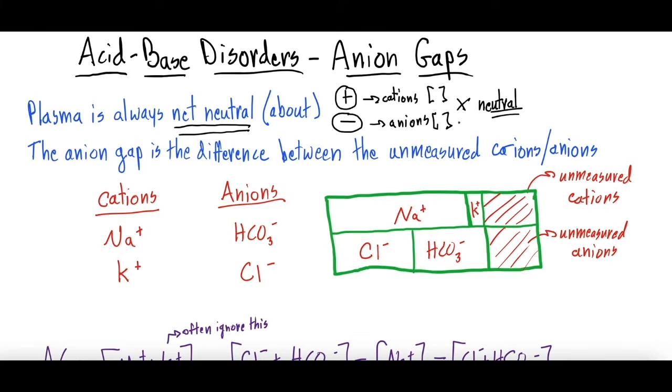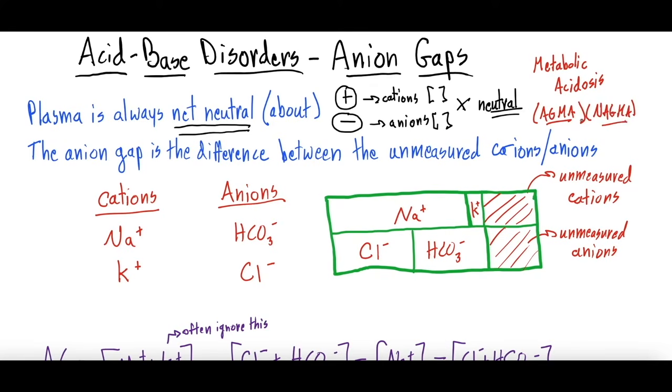This can be helpful when we talk about acid-base disorders, particularly metabolic acidosis. Anytime you have a metabolic acidosis, you want to know: is this an anion gap metabolic acidosis, an AGMA, or a non-anion gap metabolic acidosis, a NAGMA?